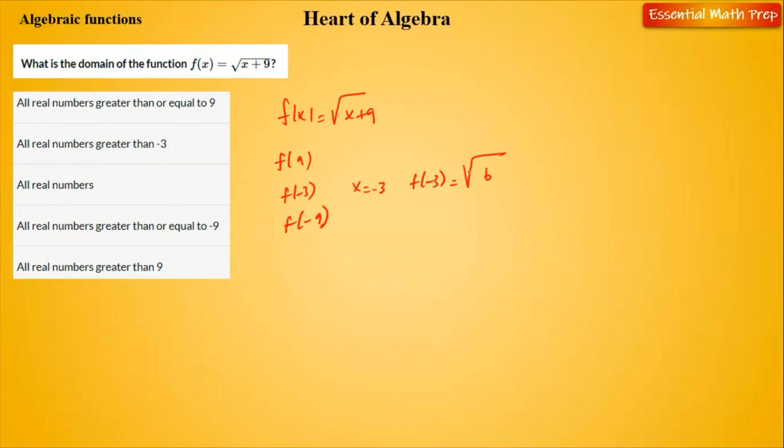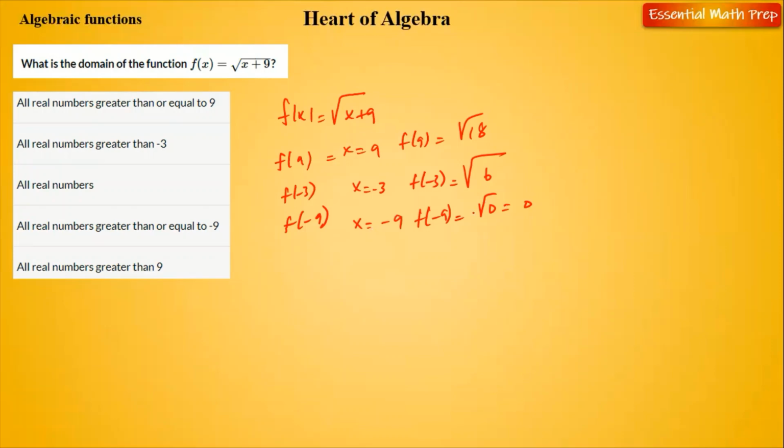And f of 9, x equals 9, f of 9 equals square root of 18. Whereas x equals -9, f of -9 equals square root of 0, which equals 0, right? That's the minimum possible value you can have, right?